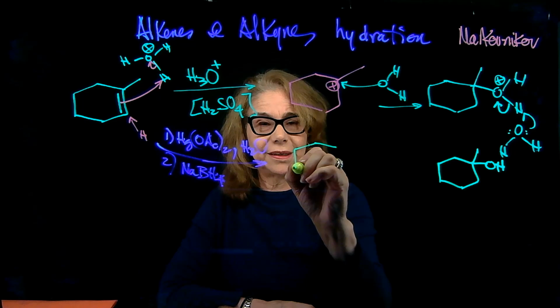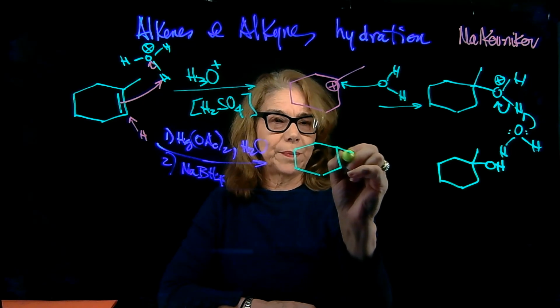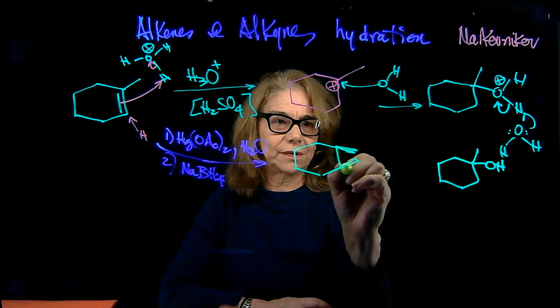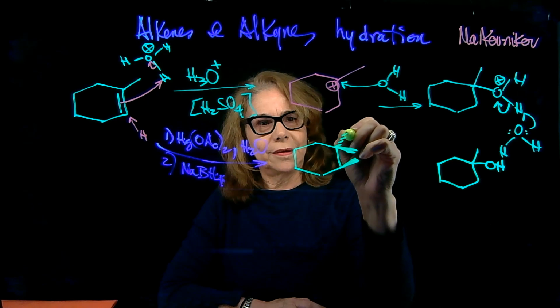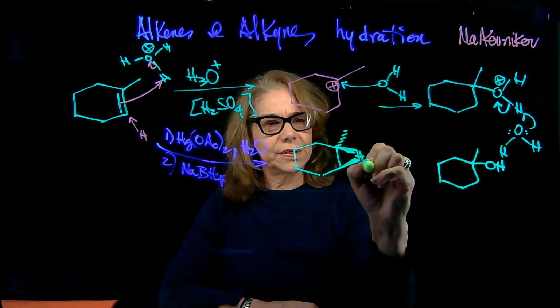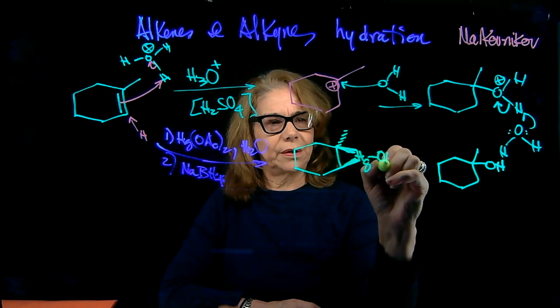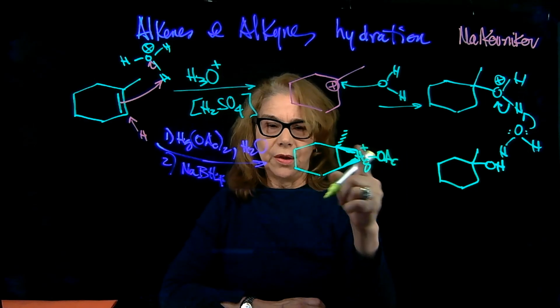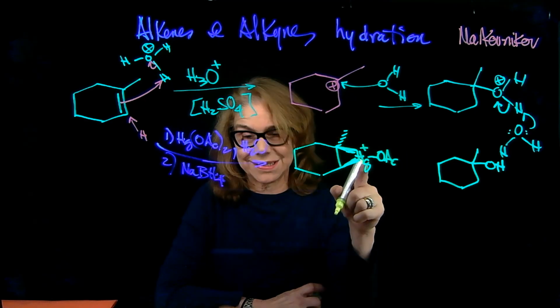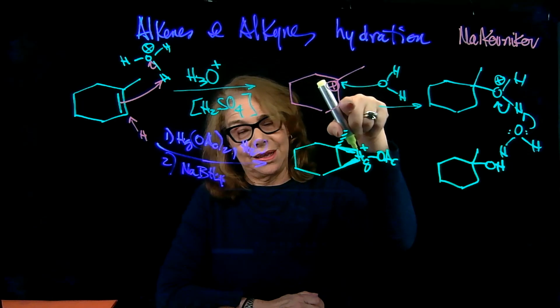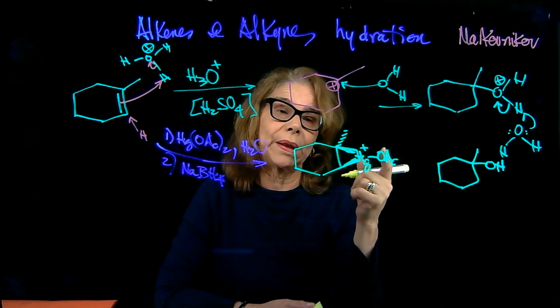In this case, you form an intermediate that looks like this. Here is the metal, the mercury, and OAc, that's positive. So that intermediate prevents rearrangement, which will happen in the case of an open carbocation.